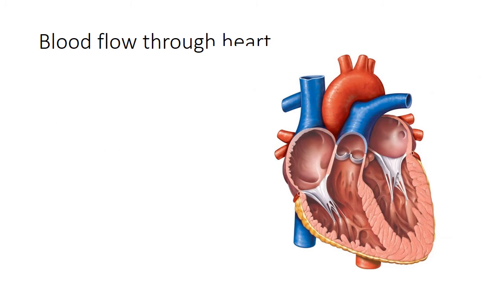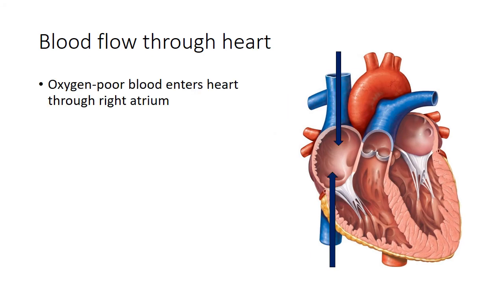Now we're going to go through blood flow through the heart. Here we have another similar picture of the heart. Oxygen-poor blood enters the heart through the right atrium. Oxygen-poor blood we will write with a blue arrow.